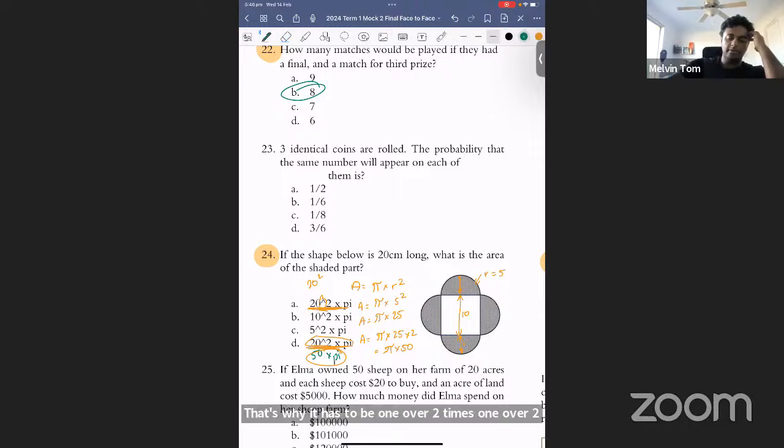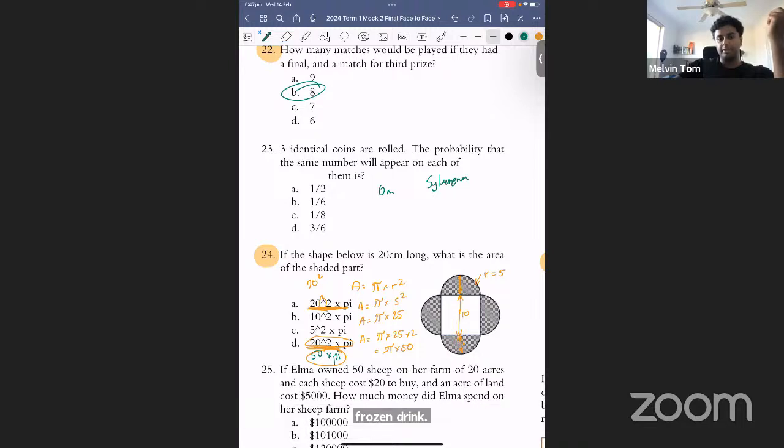The question you're referring to was before in Loyola. I remember a few questions that said, imagine Ohm and Silvina went to Hungry Jack's or McDonald's and ordered a frozen drink. What's the probability that they both ordered the same drink?